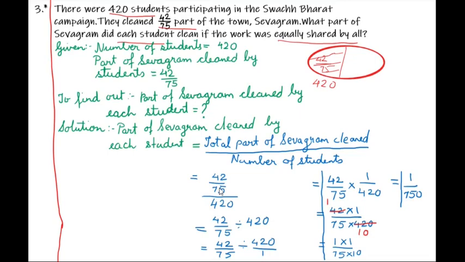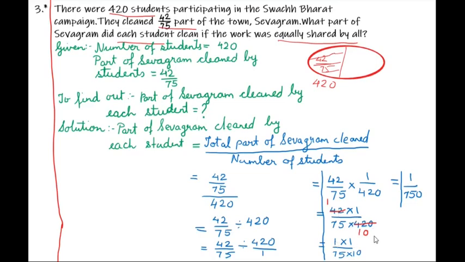Next, first fraction we will keep as it is, 42 upon 75 divided by 420 upon 1 is equals to 42 upon 75. This division will be converted into multiplication, and 420 upon 1 reciprocal is 1 upon 420. So 42 into 1 upon 75 into 420.